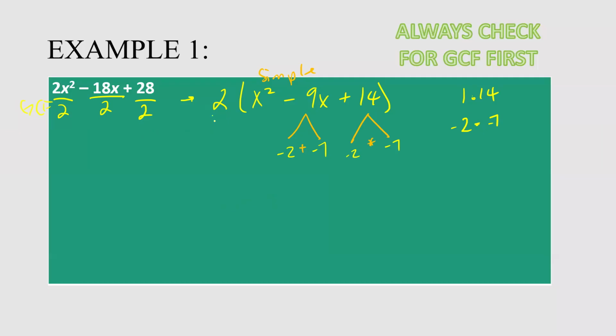So you see, remember you had a GCF? That GCF is part of your factored form now, so it's going to stay. So I have 2 times (x minus 2) times (x minus 7).